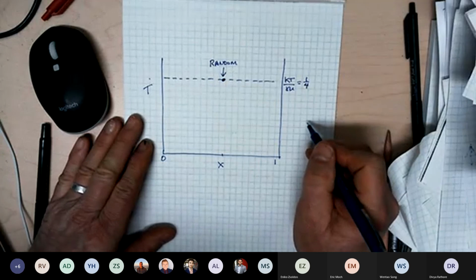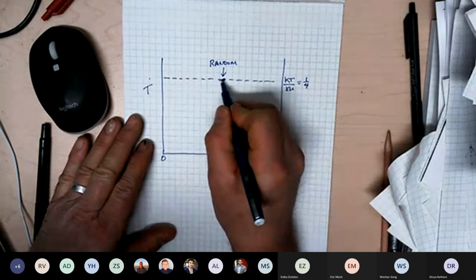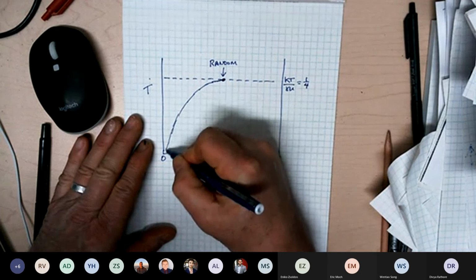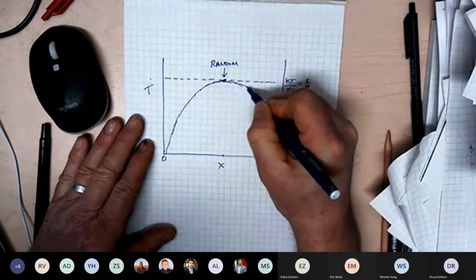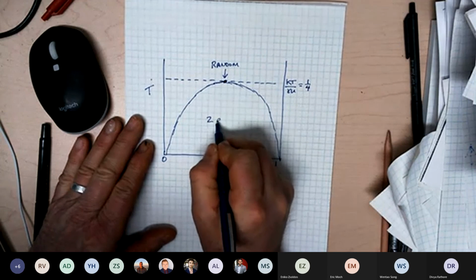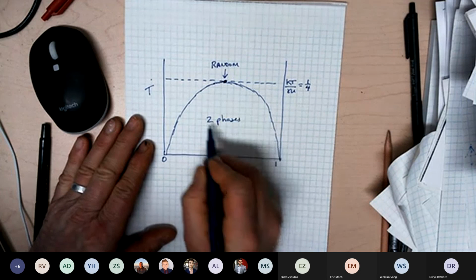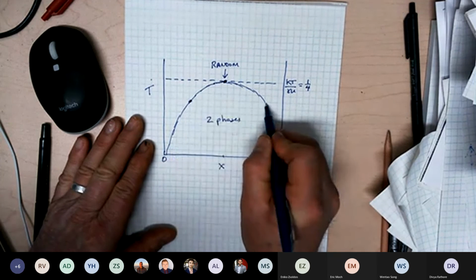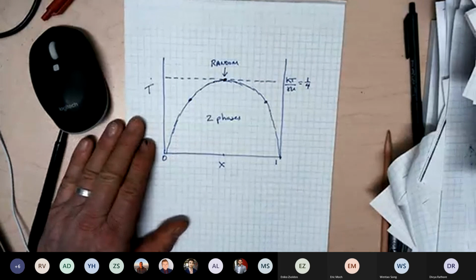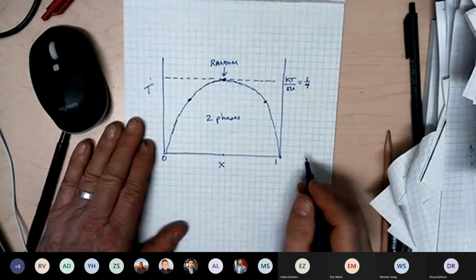And then, if the temperature goes lower, you'll find that there's a coexistence between two phases whose compositions are given by that Maxwell construction that we talked about.